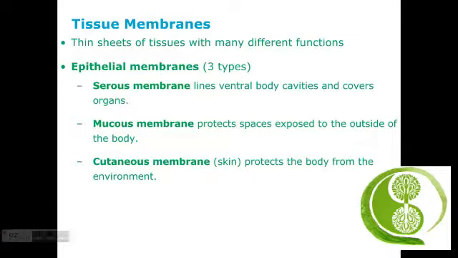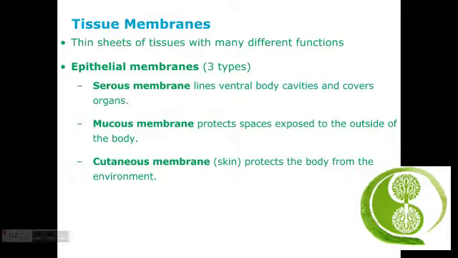Okay, next up we talk about tissue membranes. Membranes are thin sheets of tissue with many different characteristics that give rise to different functions. A couple of the different functions: they serve as a covering for the outside of the body. They serve as a covering for the organs.